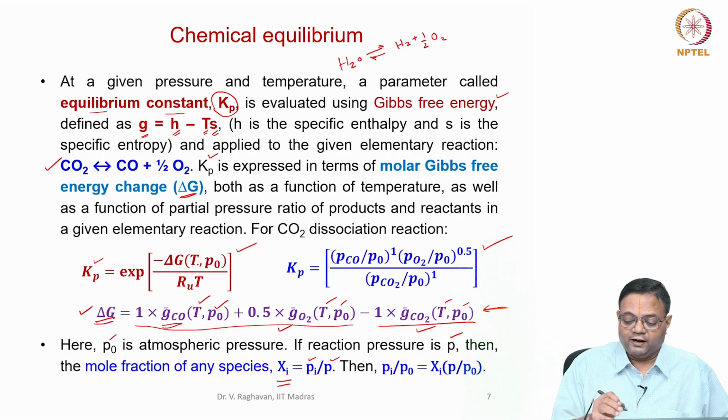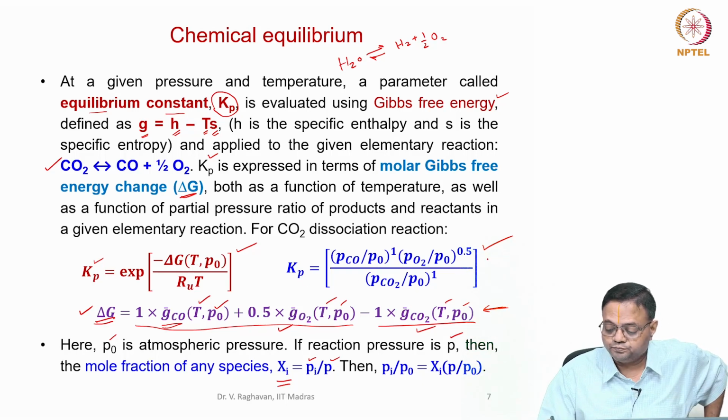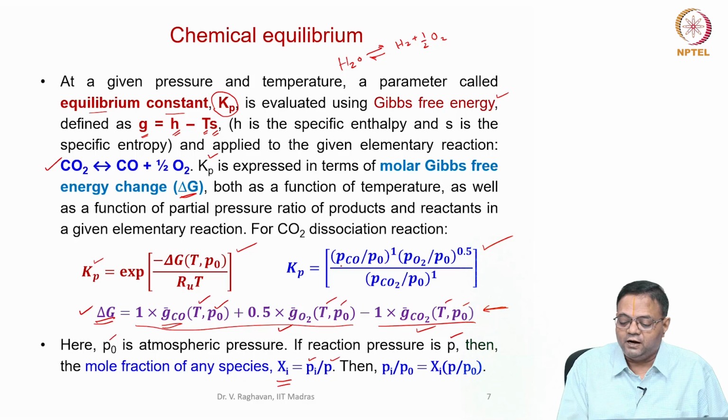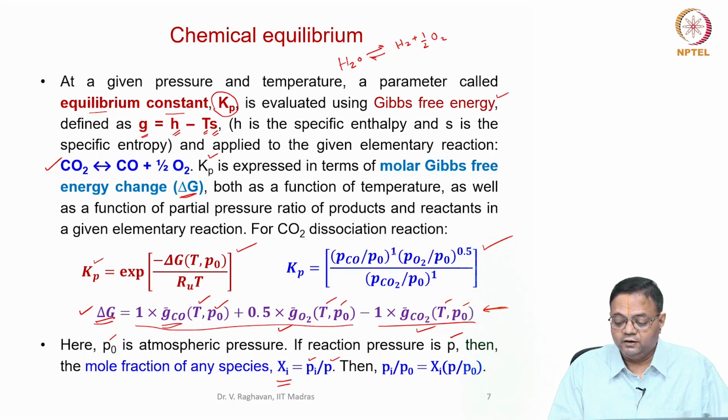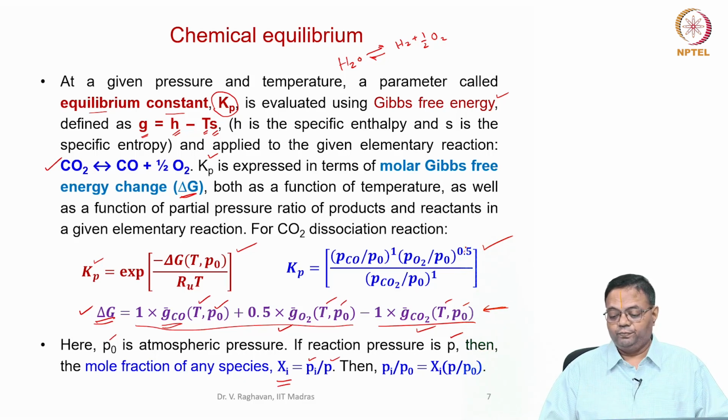With that, I can also define Kp as the partial pressure of CO divided by the atmospheric pressure. Please understand, it is the partial pressure of CO to the atmospheric pressure, not to the total pressure, raised to the power of the stoichiometric coefficient of CO, which is 1, multiplied by the partial pressure of oxygen divided by P0 raised to the stoichiometric value of O2, here 0.5.